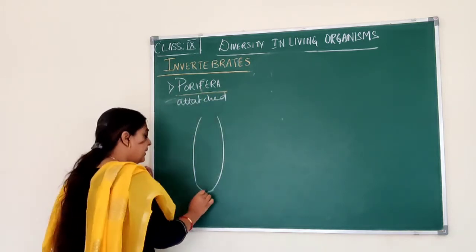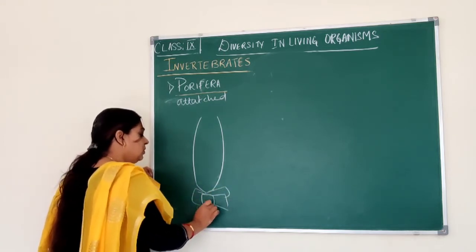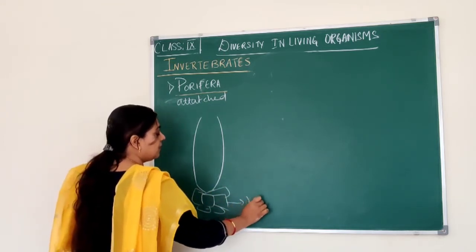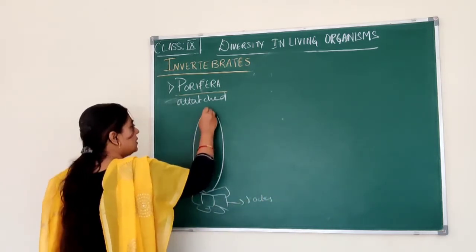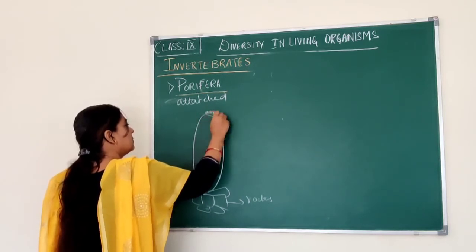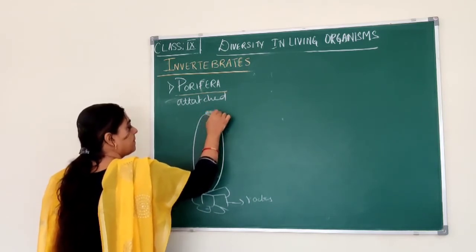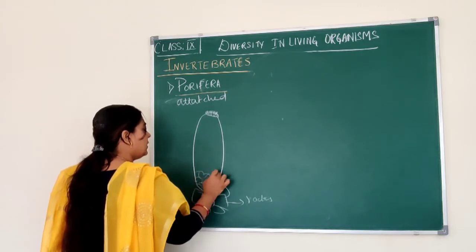They are usually attached to some rock, stones or something like that. So this is how the organism looks. They have a structure like this, just like your textbook shows.